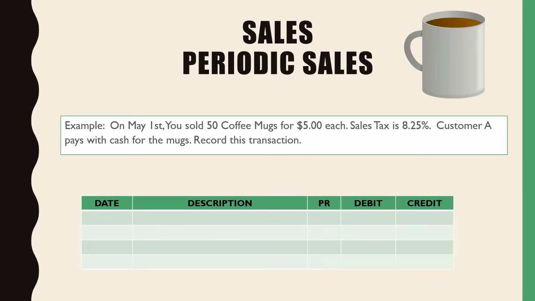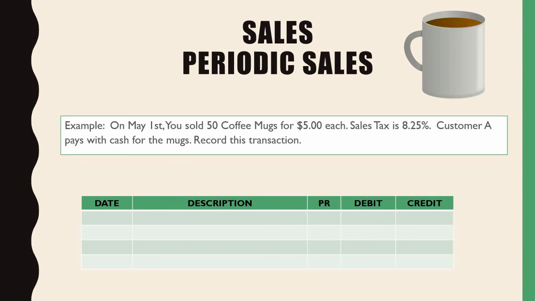So let's take a look at this example first. Of course, you have to have someone buy the product, so you have to record the sale first in order to be able to return a sale. Now here we have on May 1st that you sold 50 coffee mugs for $5 each, and sales tax was 8.25%.